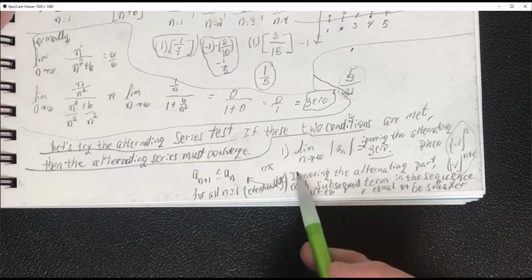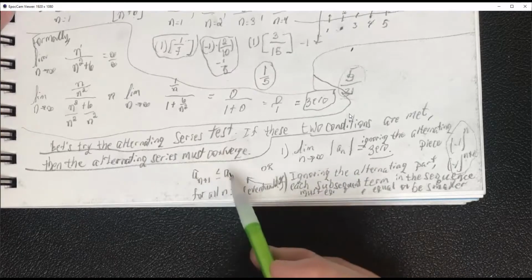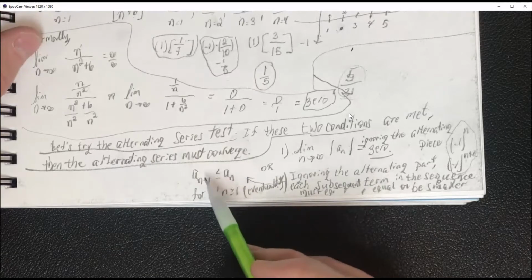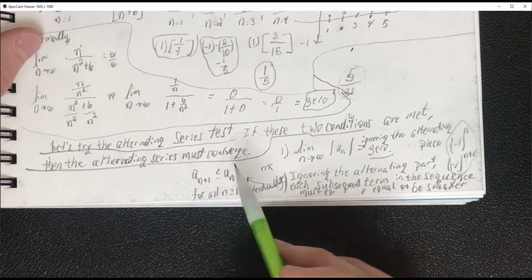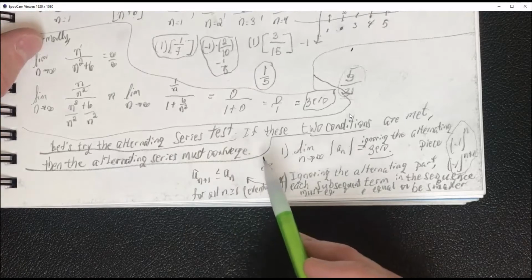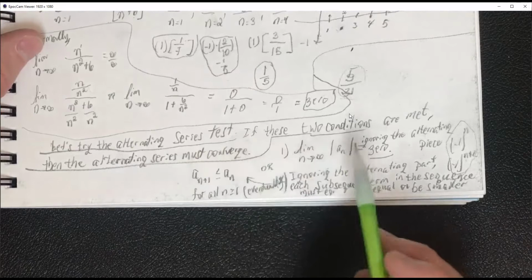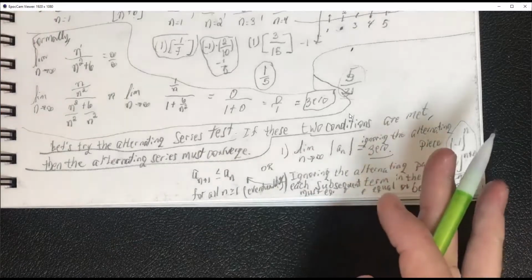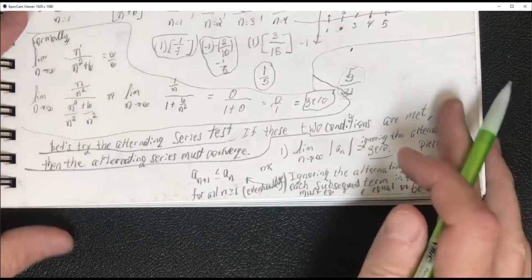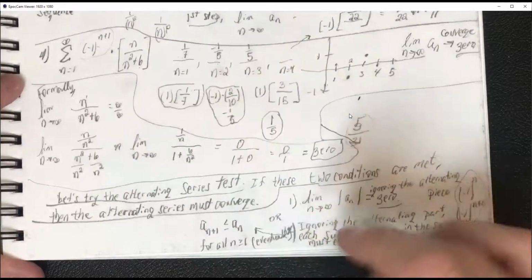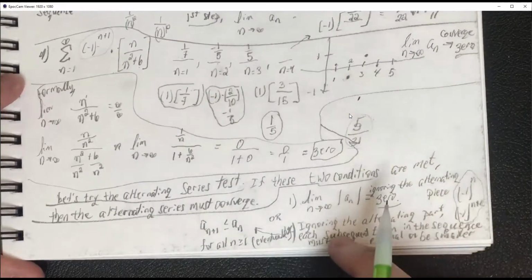What's the second step? It is to look informally and just check: is each subsequent term smaller or equal to the one before it, eventually? And what I'm going to ask us as a class to do is to just look at this second part informally.